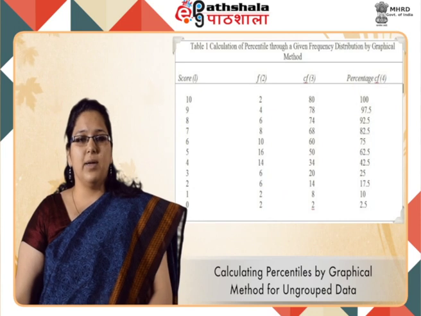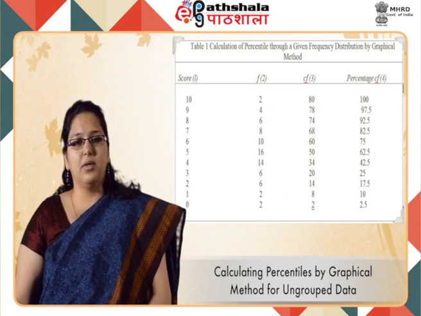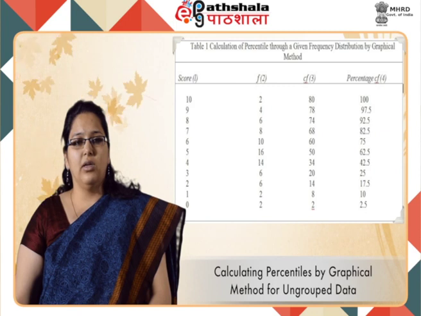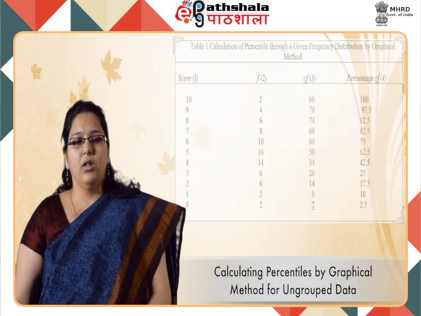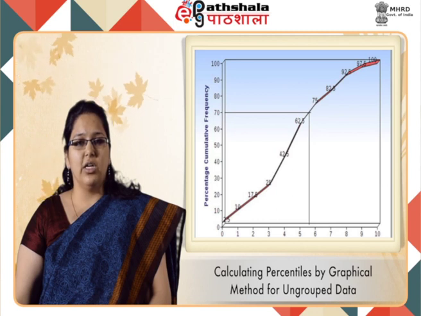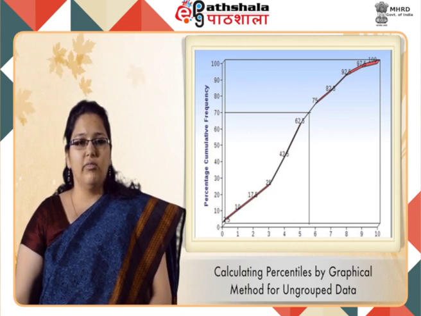Calculating percentiles by graphical method for ungrouped data. Consider the following ungrouped data given in the table. The percentage cumulative frequency in column 4 will be plotted on the y-axis, that is the ordinate, and the scores in column 1 on the x-axis, that is also known as abscissa, as is shown in the figure.